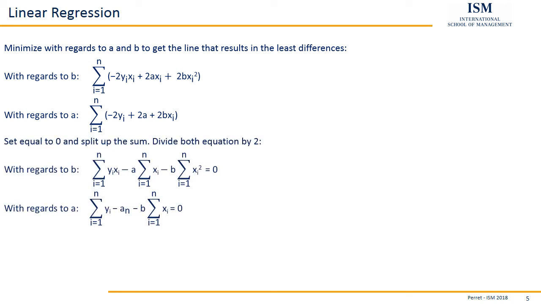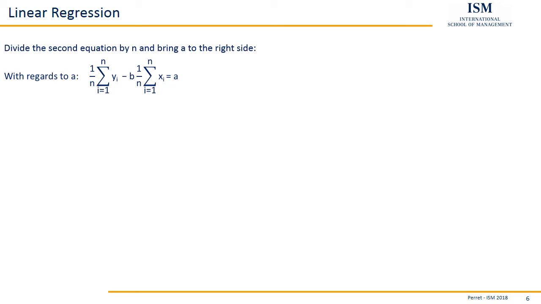This is already simplified a little bit. Both of the equations are divided by 2. So we have this, and then we can just reformulate this a little. We divide the second equation by n, bring a to the right side, so it looks like this. Then we already see the first term.